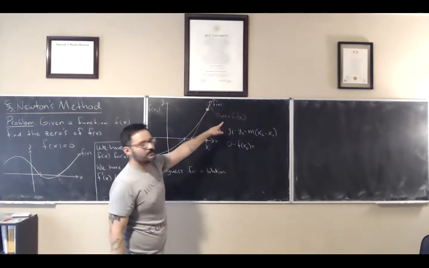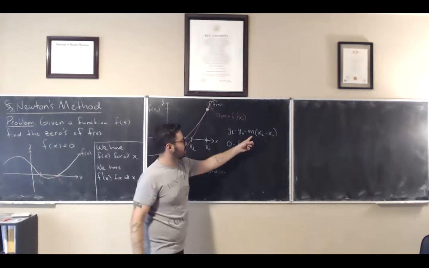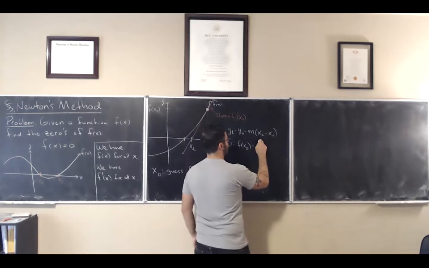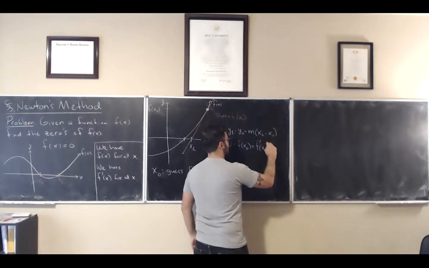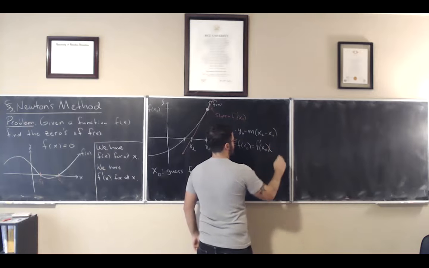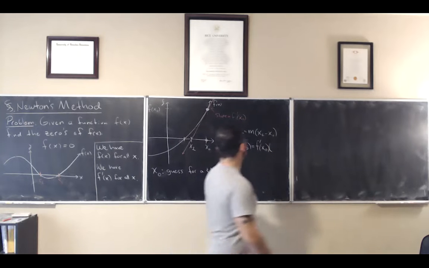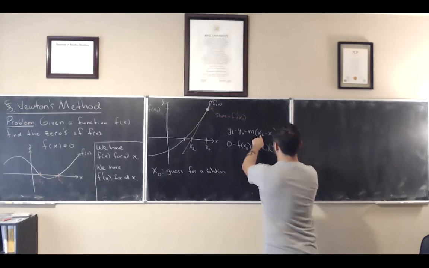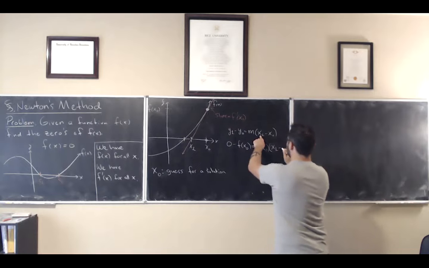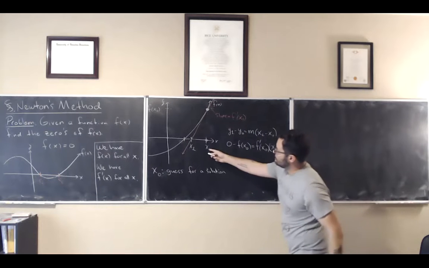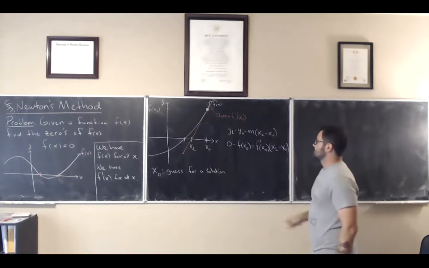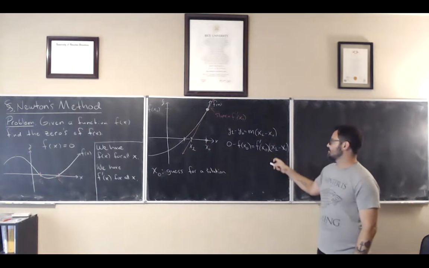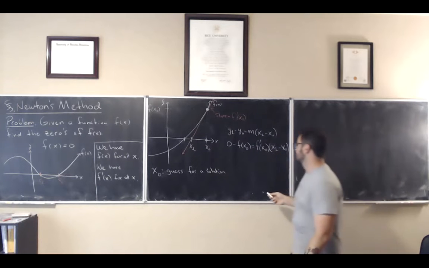Do we know the slope? We do, right? The slope is just f prime evaluated at x naught. And now x1 is what we're trying to find. And then x naught, we know that we took a guess at it, but we know that. The only thing that we don't know in this equation is x1, so then we solve for x1.